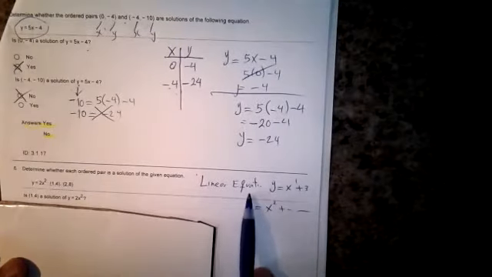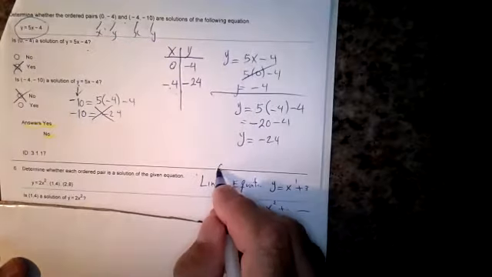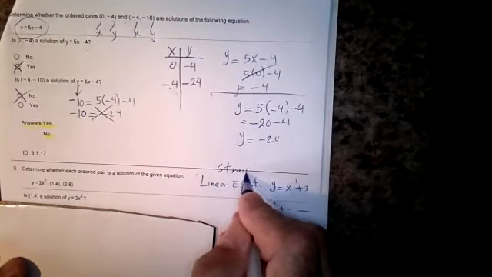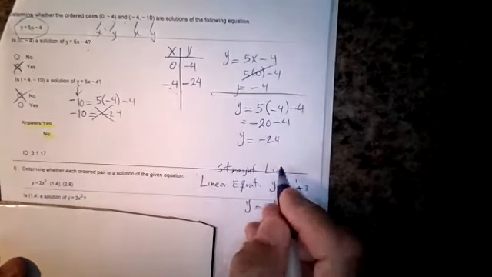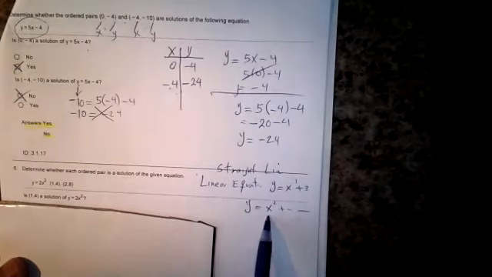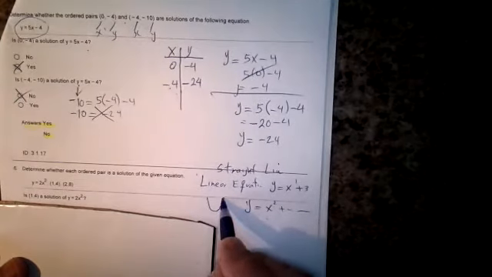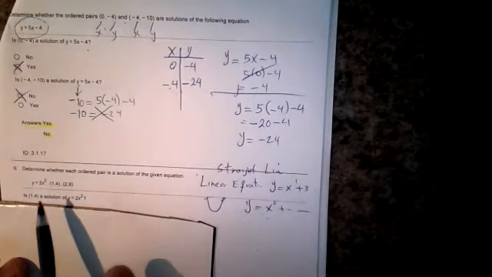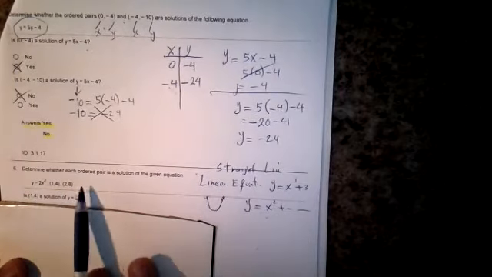A linear equation's graph is always a straight line. But if you see an equation where the power of x is greater than 1, like 2 or 3, this is a curve. It's not a straight line. Anyway, 2x² is not a straight line, but it doesn't matter in this case.